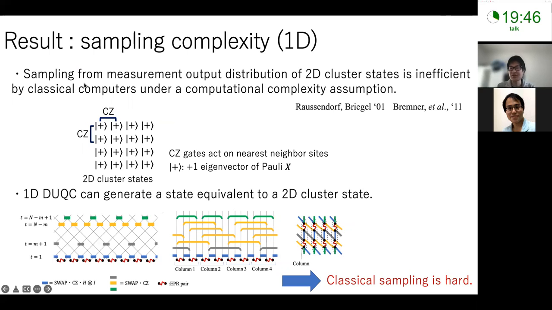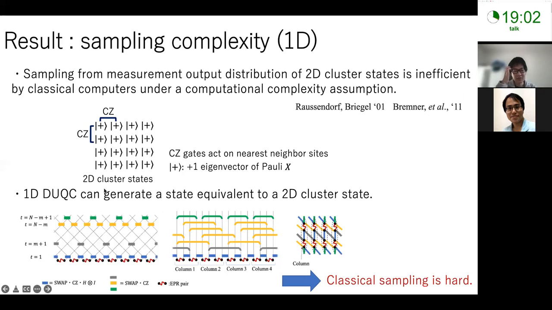And in order to show the hardness for a classical computer, we use the well-known result that sampling from the measurement output distribution of the 2D cluster state is inefficient for classical computers under a computational complexity assumption. 2D cluster state is defined as follows. We first prepare the plus state, which is the +1 eigenvector of Pauli X, and then we apply CZ gate to all nearest neighbor plus states.